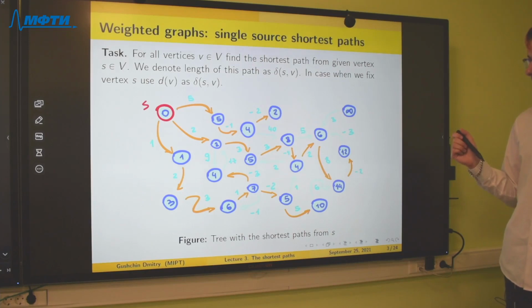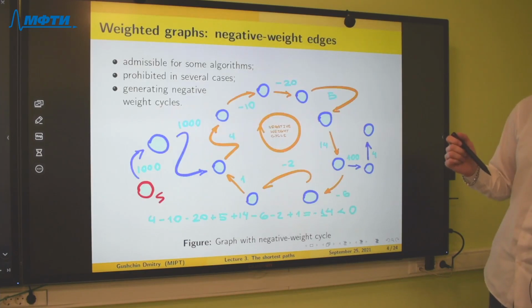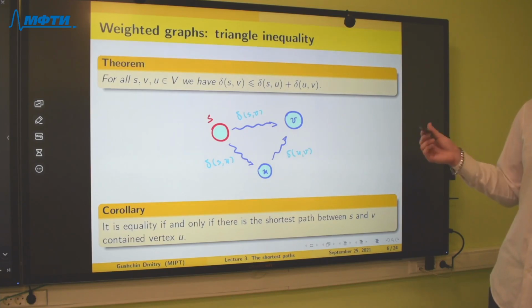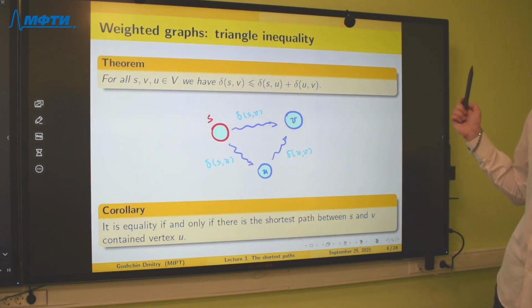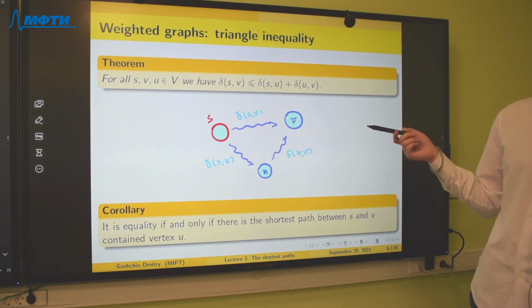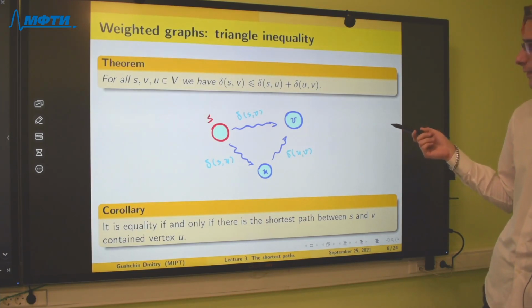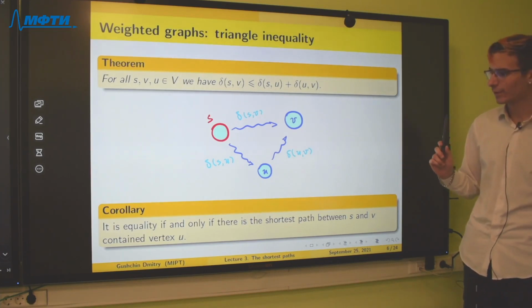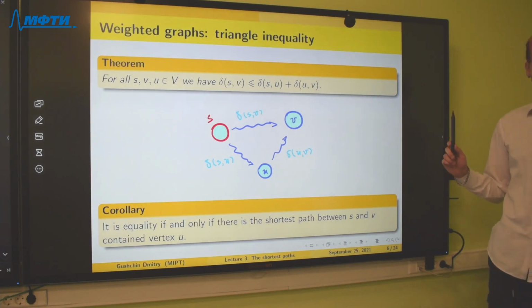Okay, so it's about metrics in the graph. We of course set some properties of it in the first lecture.